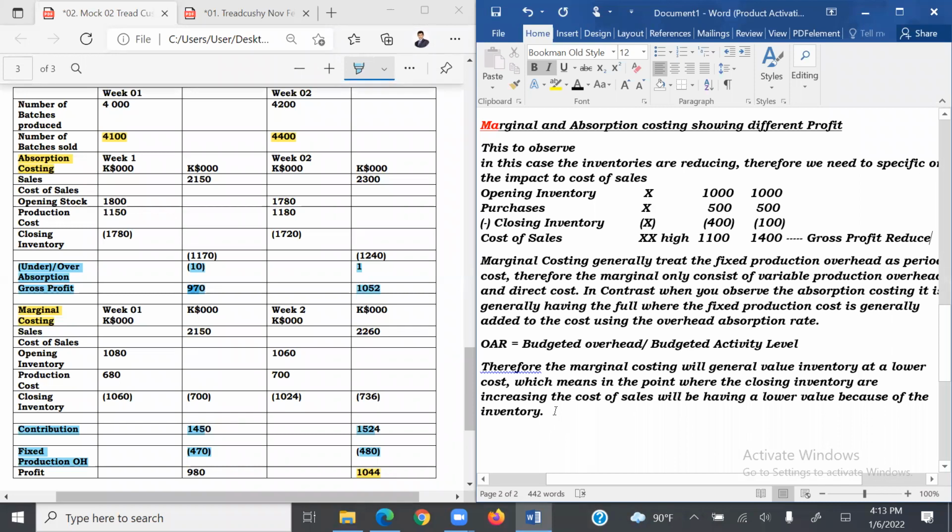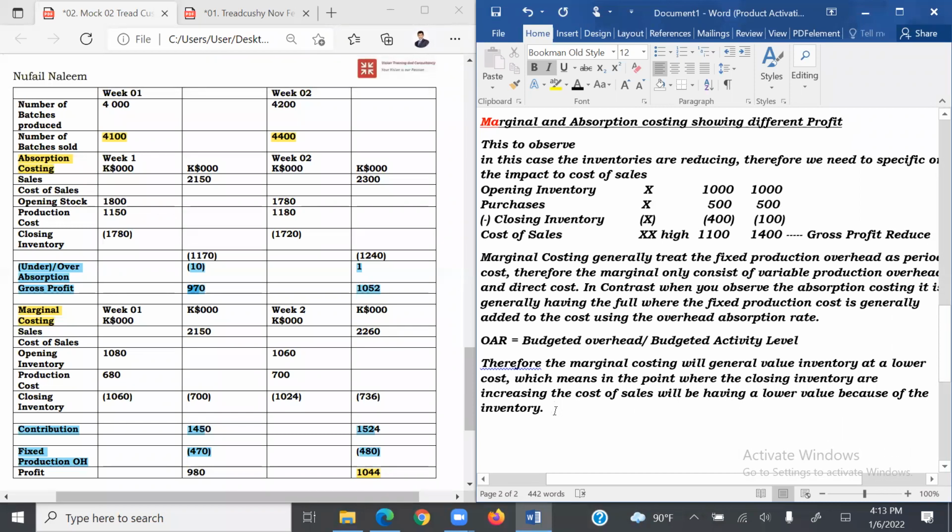So students, because of the lower value of the inventory, in the point where the closing inventories are increasing, the cost of sales will have a lower value because of that inventory valuation. This will marginally increase the gross profit.